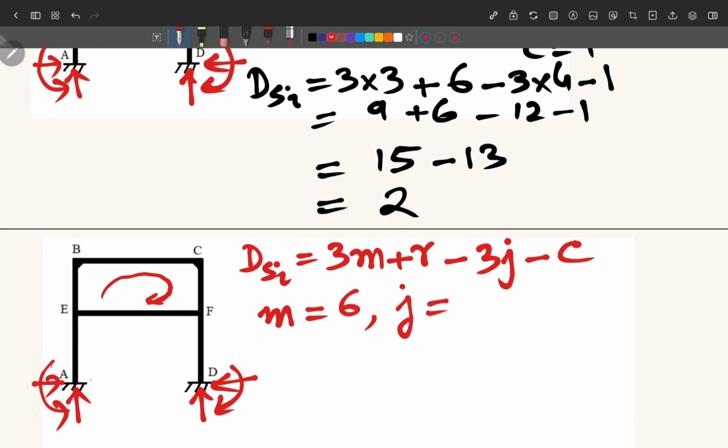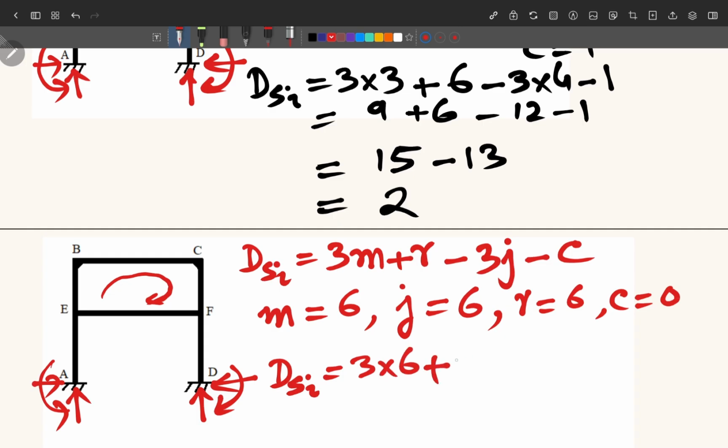Joints, that is A, E, B, C, F, D. Joints also equal to 6. And how many reactions? R equal to 3 plus 3 is 6. And there is no internal pin, so C is equal to 0. So now we can calculate this degree of static indeterminacy as 3 times m plus the reactions, which are 6, minus 3 times j.